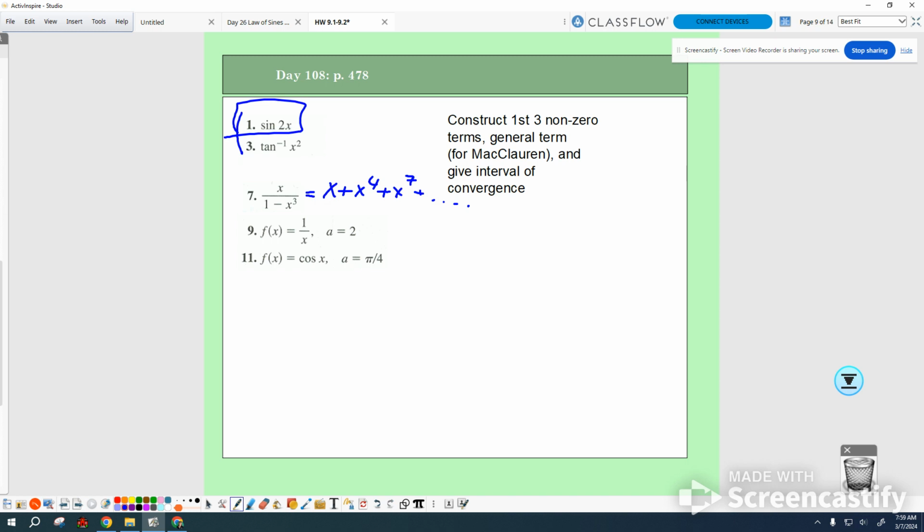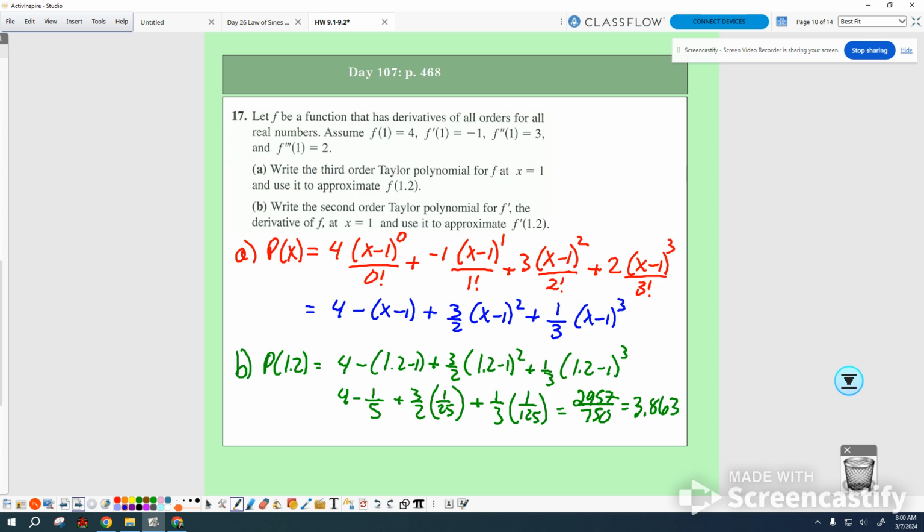This one, if you look on the back of the packet for 9.2, the interval of convergence is negative infinity to infinity. I'll show you that later. Can't do it yet. I need to teach you ratio test. But anyway, try the homework and I'll come by and answer questions. And there's textbooks around the room.